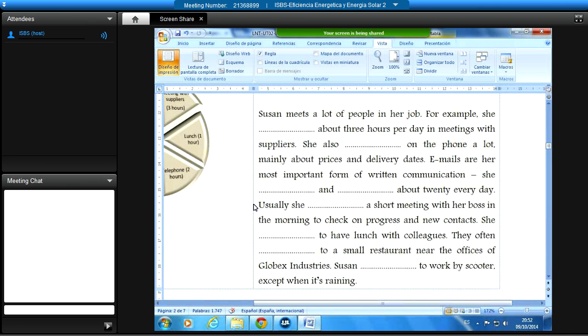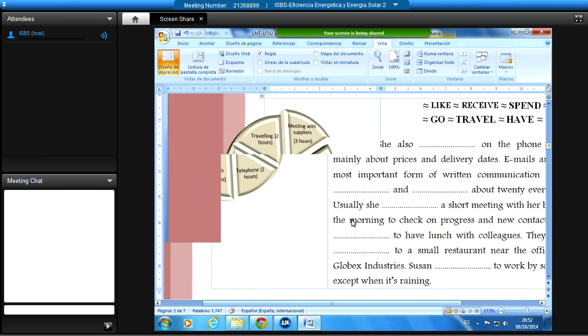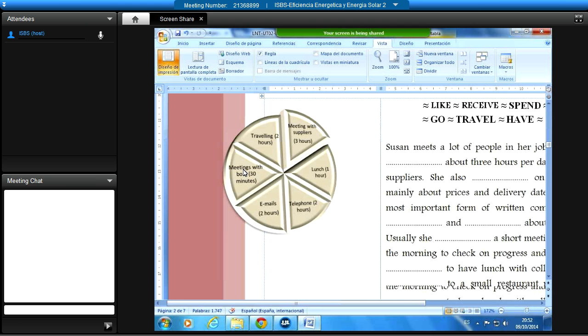Where's the diagram? Okay. Well, you can look at this diagram if you want. I will put the diagram for you. This is the diagram, okay? So you have to look, 3 hours is this, meeting with suppliers.